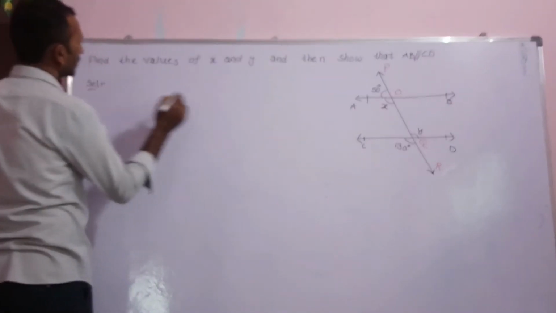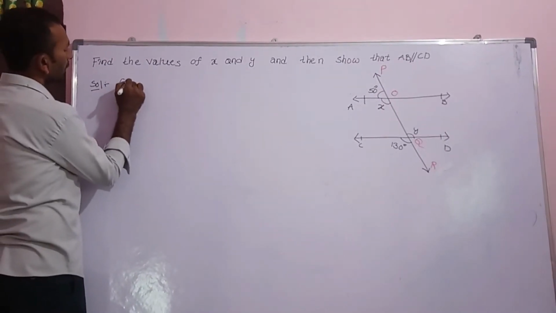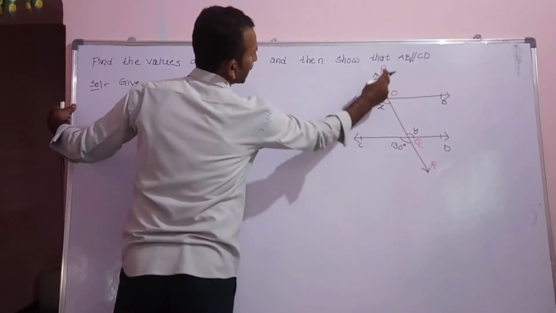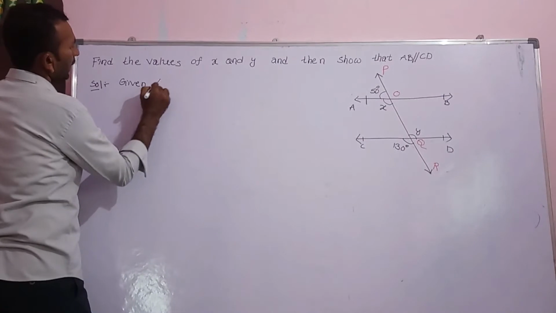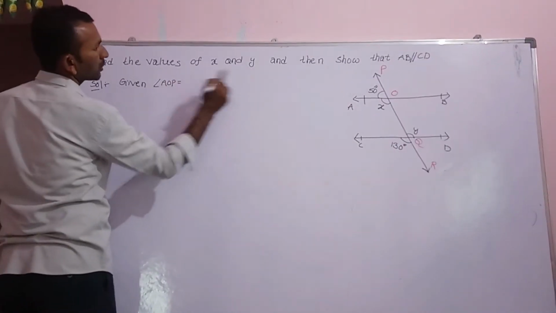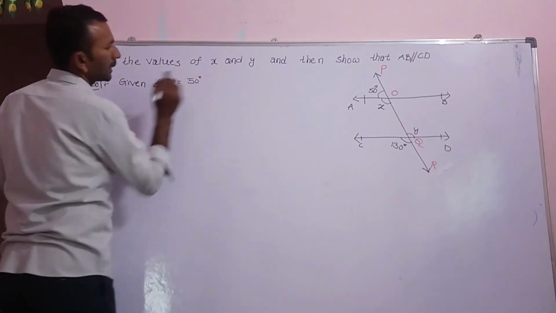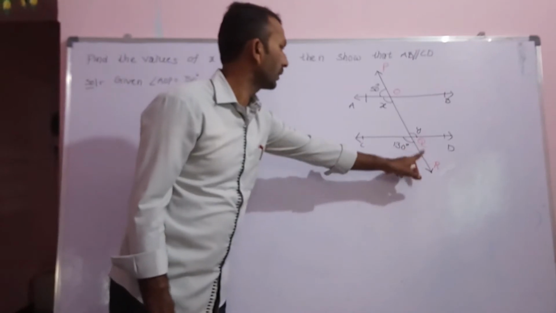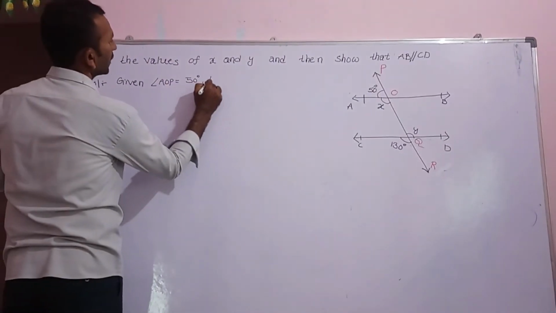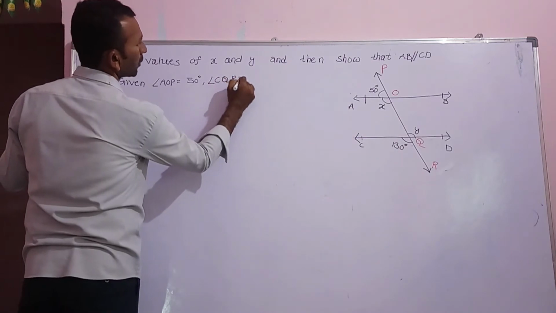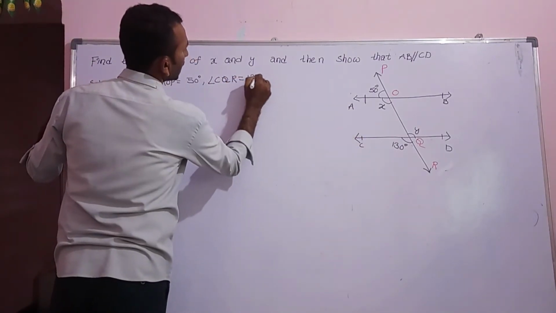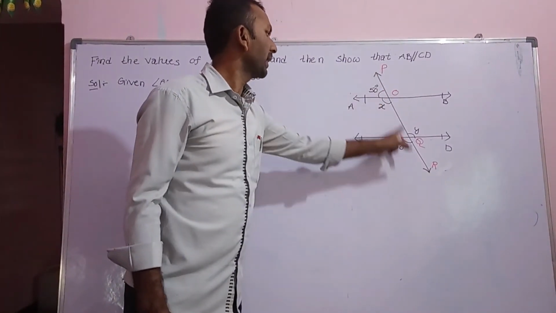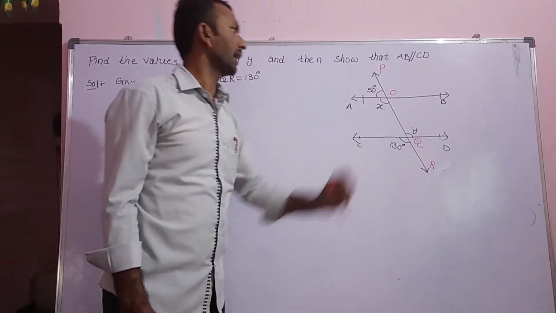Write what is given here. Given: angle AOP equals 50 degrees, and angle CQR equals 130 degrees.